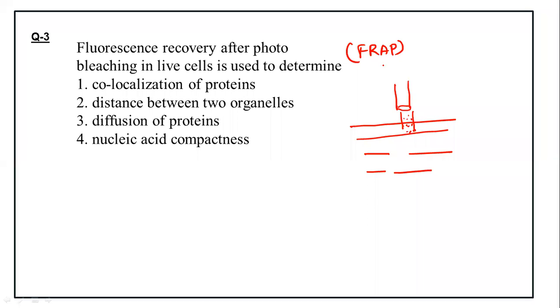From the bleached area, we plot a particular graph, where the x-axis represents time and the y-axis the fluorescence intensity.